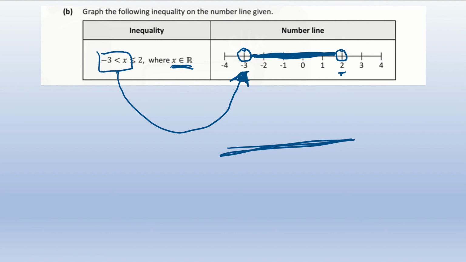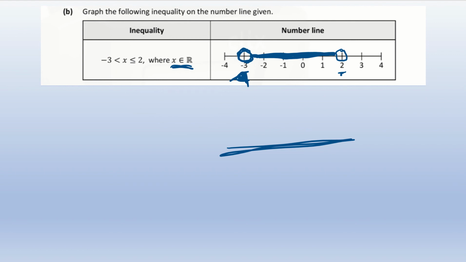If x has to be greater than -3 and it's strictly greater, then my empty circle here is absolutely perfect, because I've gone all the way down to -3, but I haven't actually colored that in. So this part here is perfect.